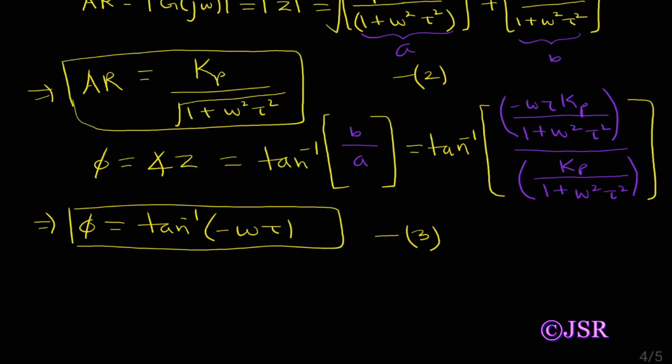To visualize how the amplitude ratio and the phase shift change along the change in the frequency of the sinusoidal input, the graphical representation of the plot which shows the amplitude ratio versus omega and phi versus omega is known as the Bode diagram.